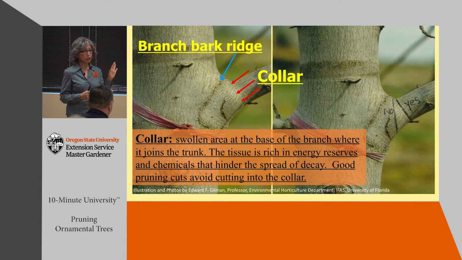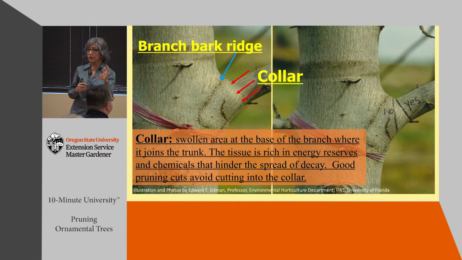And this picture shows where the branch collar is. If you look at the left half of the picture, it shows the branch bark ridge, which is where the stem comes into the trunk, and as the bark continues to grow, the two sets of bark push against each other and form that bark ridge. So that's very easy to find in practically any tree.